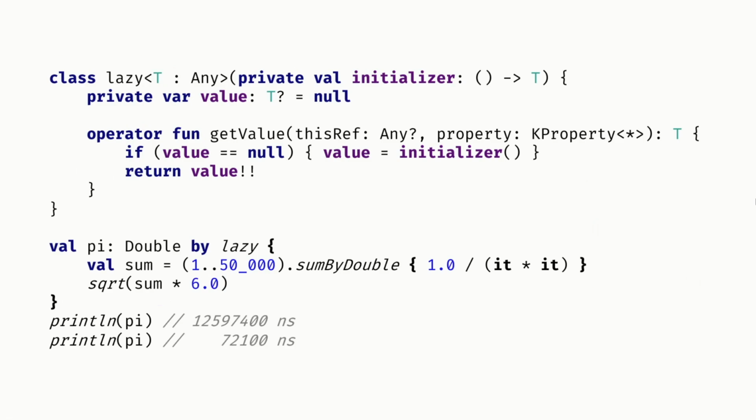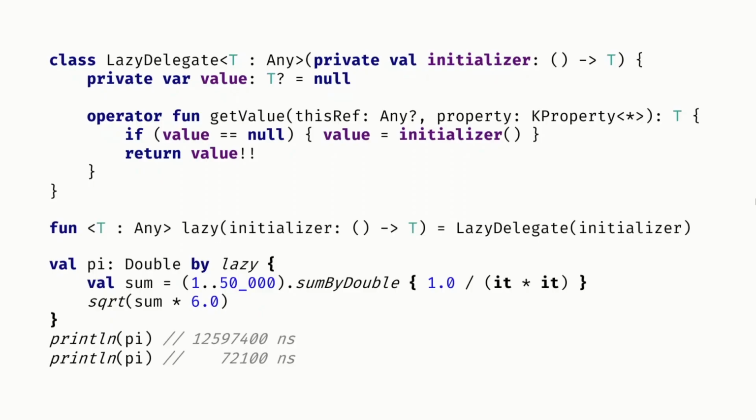So we would really rather not do this. Instead, we can keep the original name for the class and introduce a factory function that can create instances of this class for us. So this function is also generic. It takes the same initializer function that we require for the delegate and just creates an instance of the delegate for us. And it gives us this nice lean syntax.